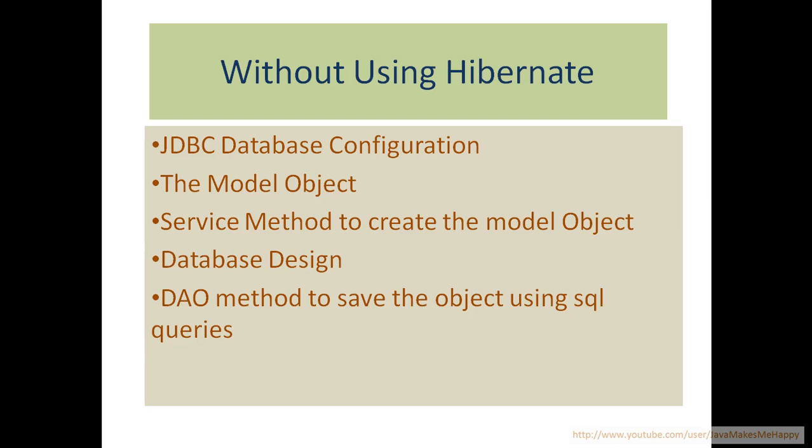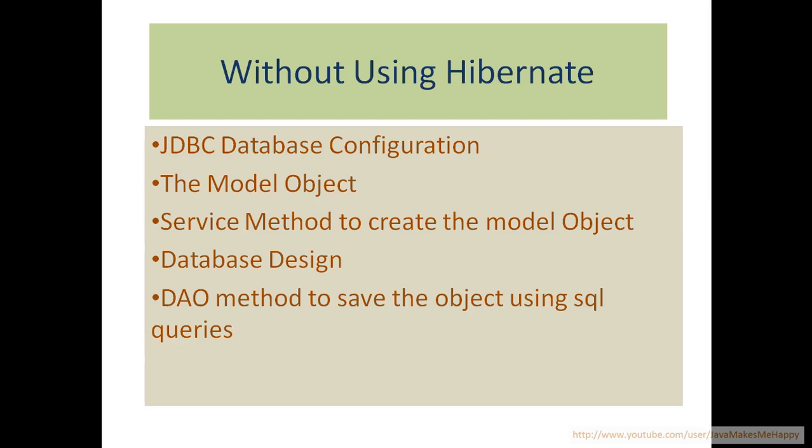We have to create the model object. The model object means, take an example of any sort of user: create a user object, or suppose there is a condition when you have to create a user of the user details table, and that is the model object. To create that model object, we require a class or a method, and that is a service method.